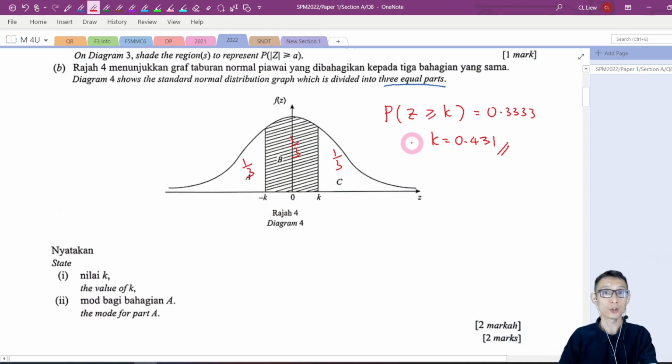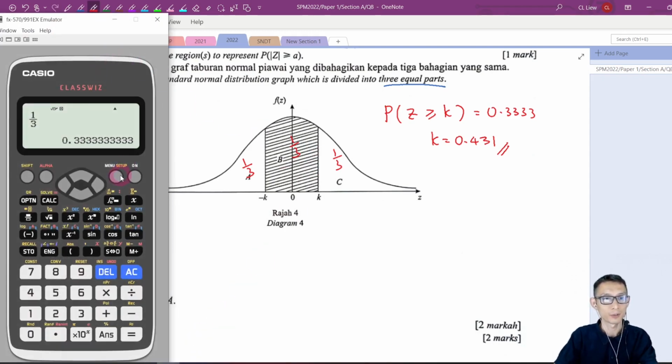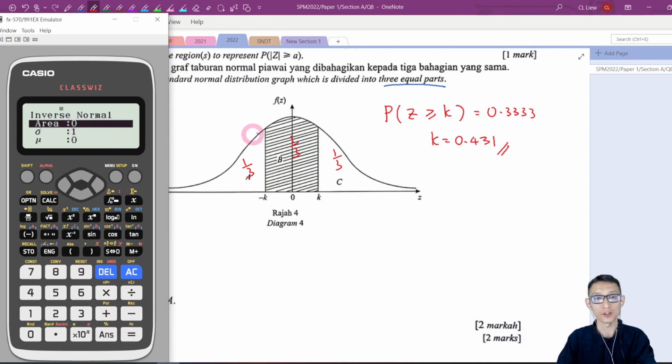Let's say if you want to use your calculator to help you, you can do it this way. If you are using calculator, press menu and search for distribution. Then go for inverse normal. You have to be more careful if you are using calculator, because the area here is less than or equal to.